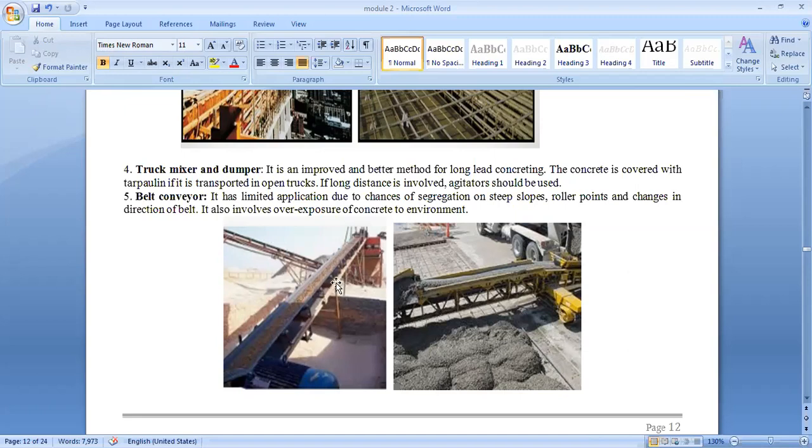The major disadvantage of this method is that it involves overexposure of the concrete to the environment, and also some vibrations or jerks due to the belt will help segregation. The disadvantages are: one is segregation, and second is overexposure of the concrete to the environment.